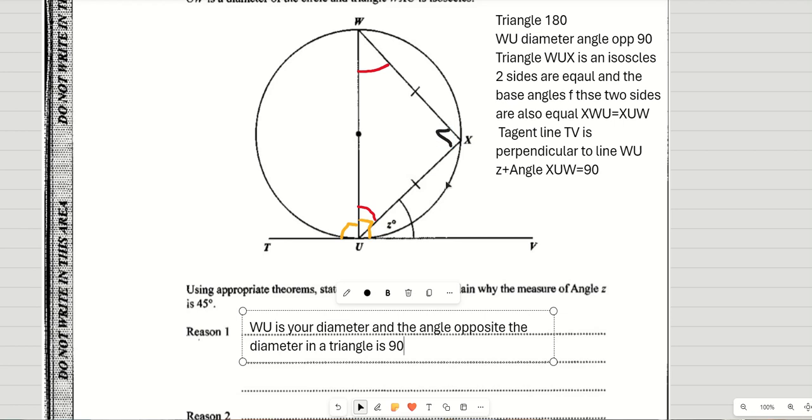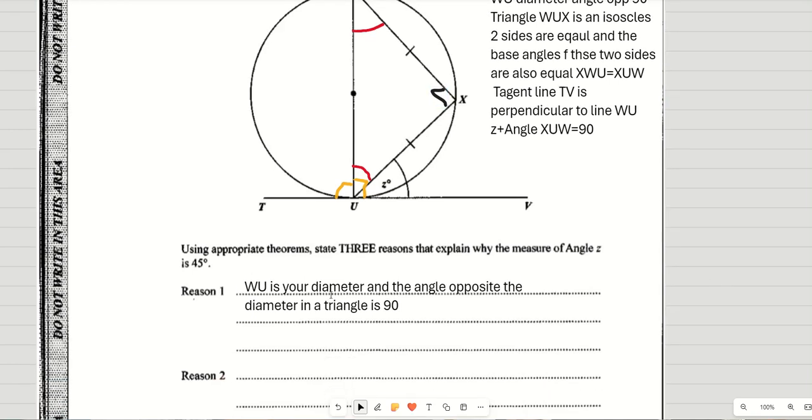Alright, that is the first thing. So that's the first thing, this is 90.